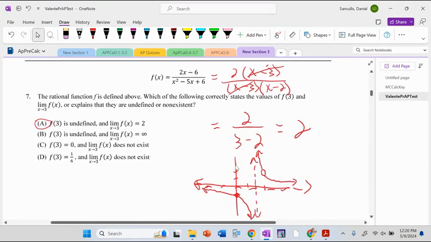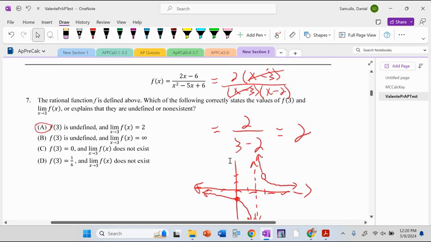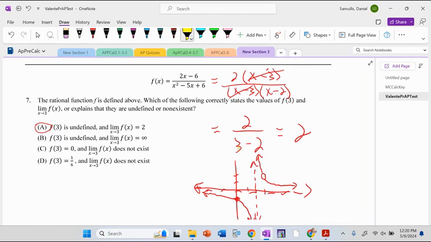All right, holes. Just to go over this real quick, you factor and then you cancel. That's why there is a hole at 3, comma, what? Well, then what you do next is you plug in 3 into the leftover equation. And that is where the hole is located, where the interruption in the graph is located. So yes, f of 3 is undefined, but then it is a limit thing, approaching.